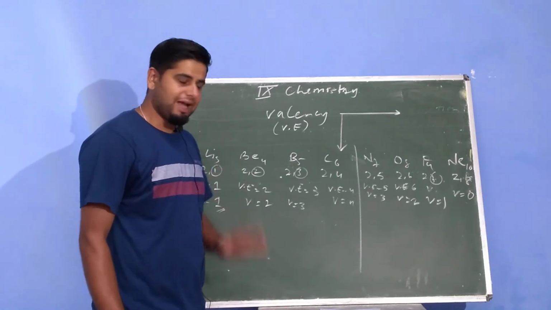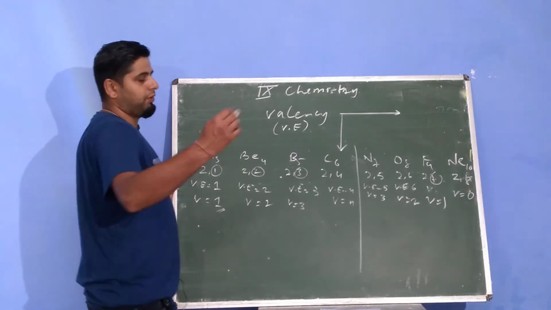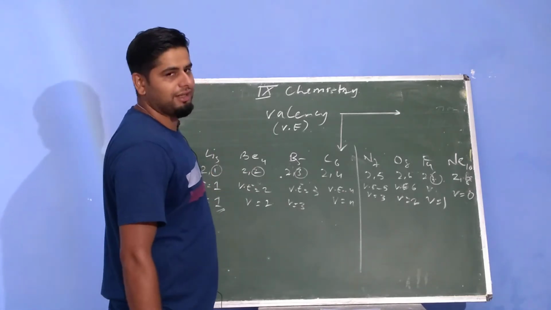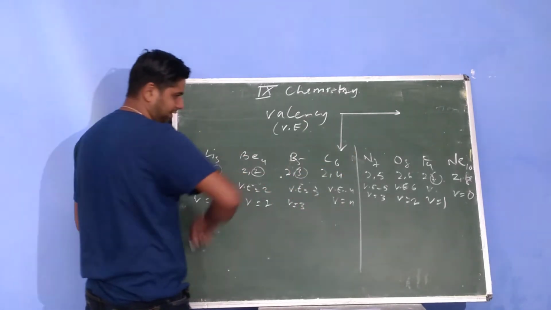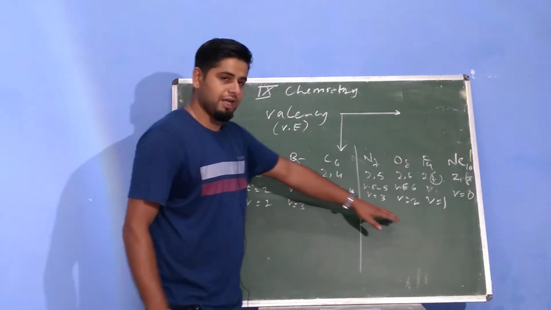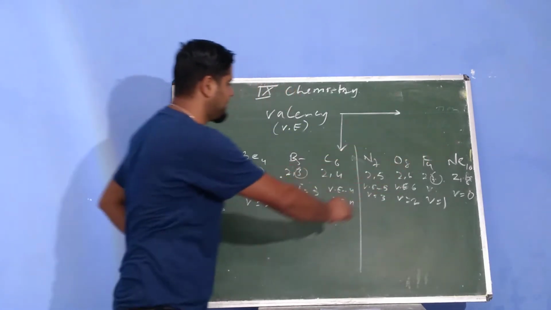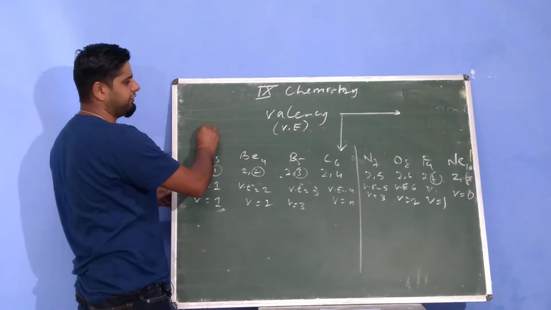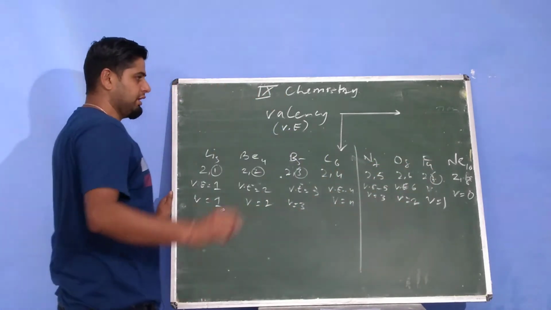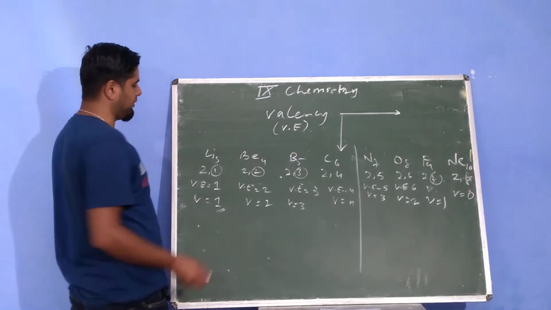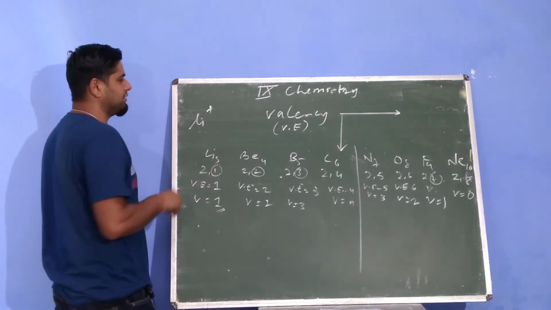Got it? That is why you have positive valency and negative valency. These all are positive valency. Since you have subtracted this number from 8, they are called negative valency. That is why they are called electropositive elements and electronegative elements. In ionic form you can write lithium plus ion. Why plus?